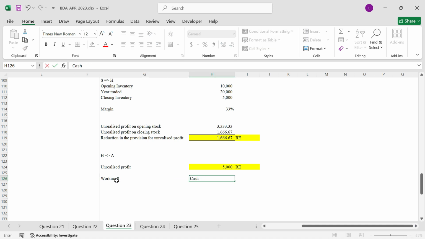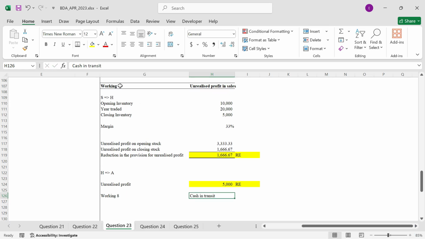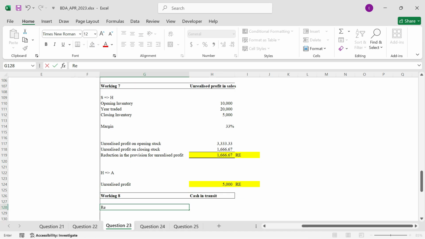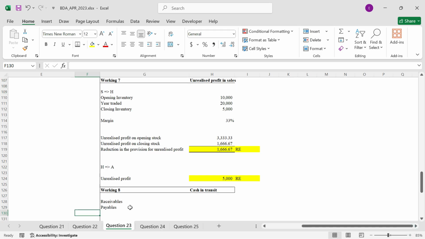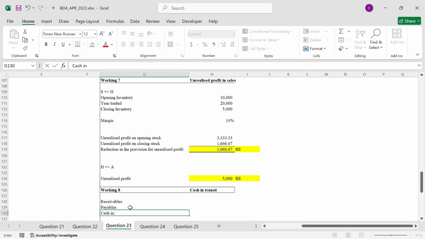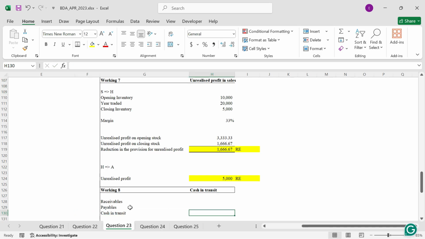Cash in transit. Ordinarily, we add cash in transit to its destination. So to account for this, I'll have receivables, payables, and cash in transit. The cash in transit is an amount of 5,000. We're told the receivables are 5,000, and so this must be 20,000.